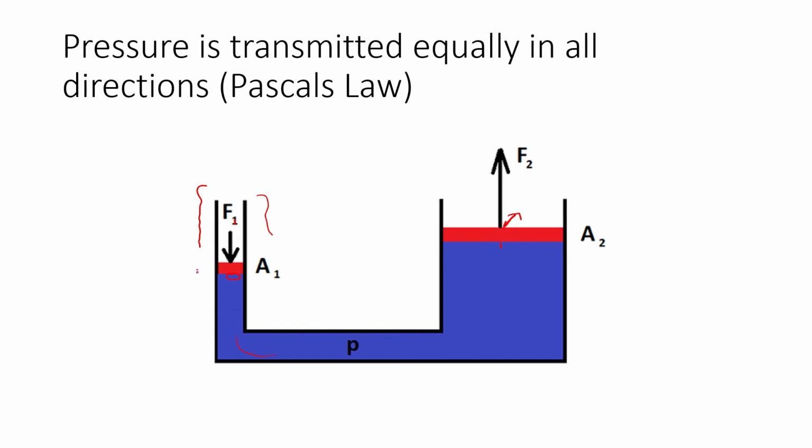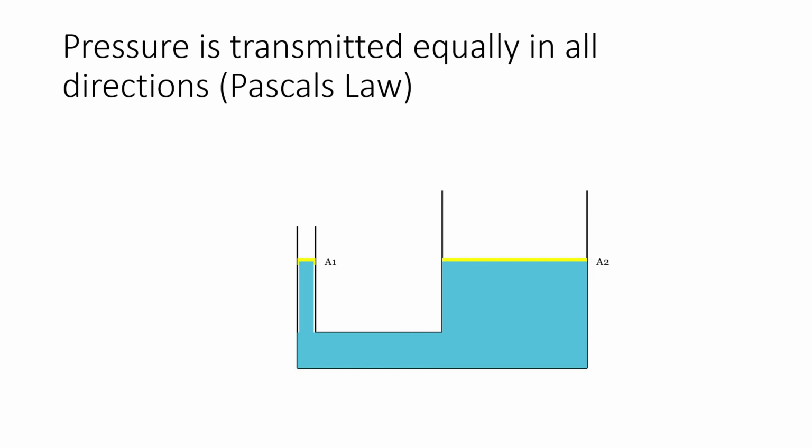Whatever pressure is applied here, you will get the same pressure here also. This is a small video showing that. You are applying a pressure, and that pressure is transmitted equally in all directions.